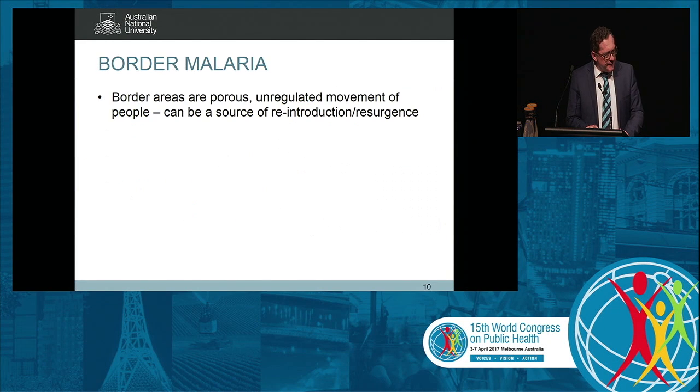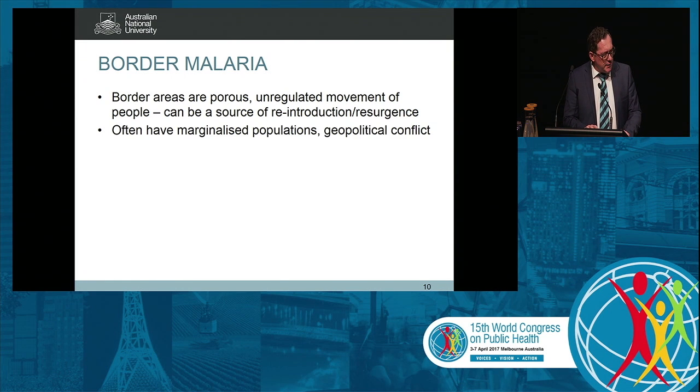So why is that? Well, it's because border areas are porous and people can move from high burden countries to low burden countries in an unregulated way. Populations in border areas are often marginalised. These tend to be areas where the government has little authority, and often where there are geopolitical issues.